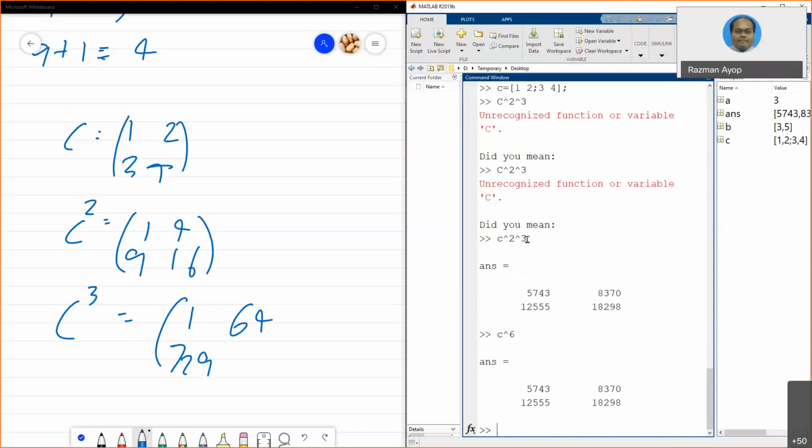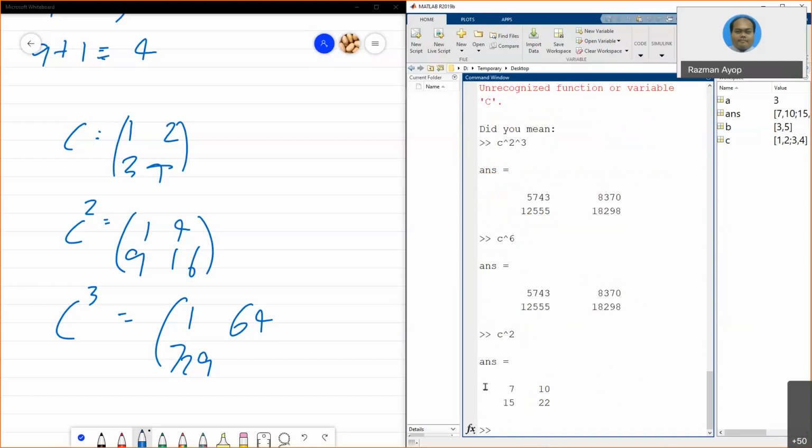So means that you have to do this part first. It's the same, right? So 2 power of 3 is, oh. So even this one I cannot explain, so make sure you understand how to do this. C power of 2.